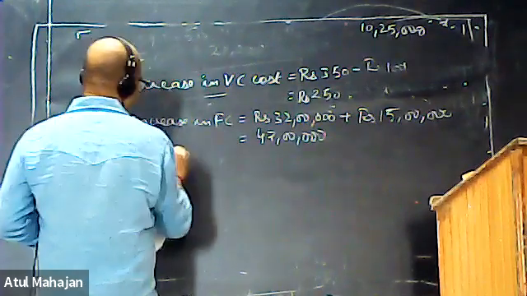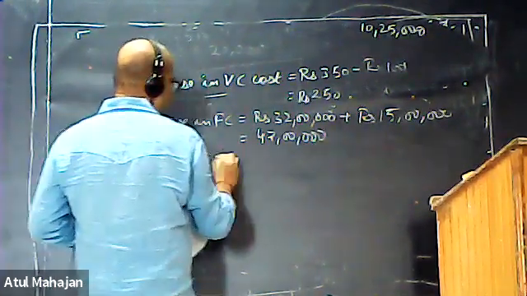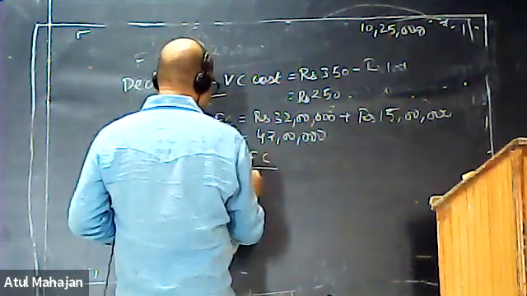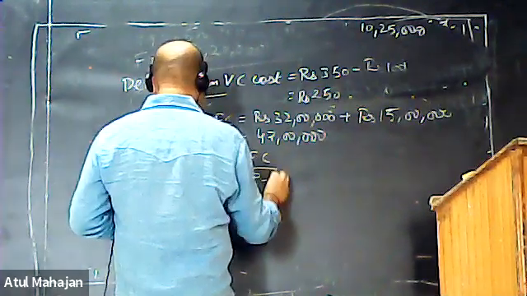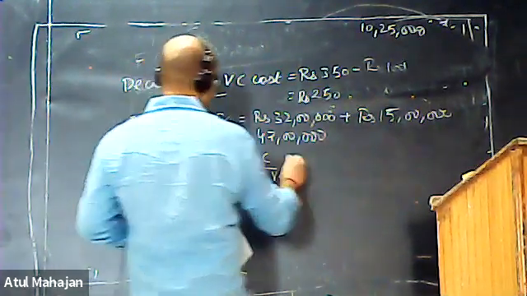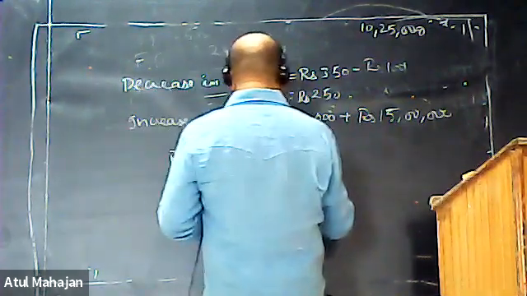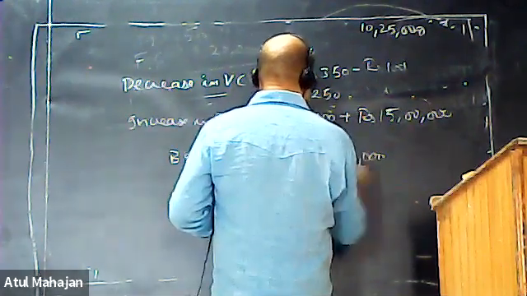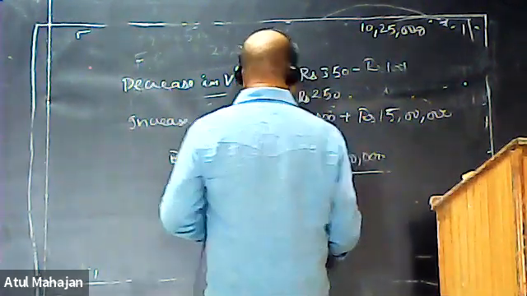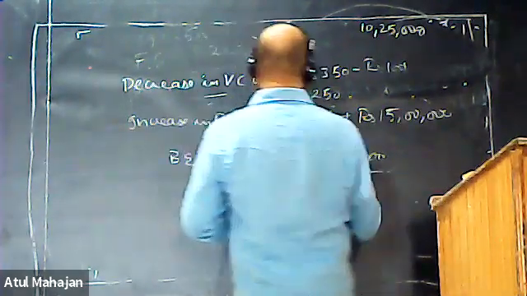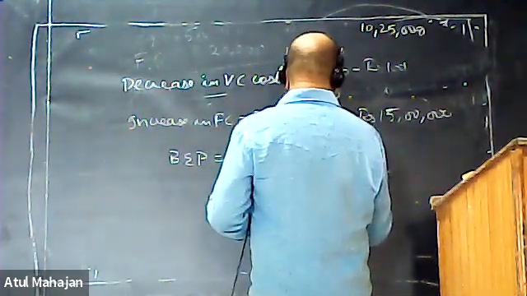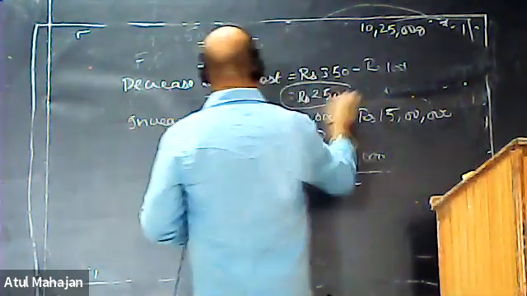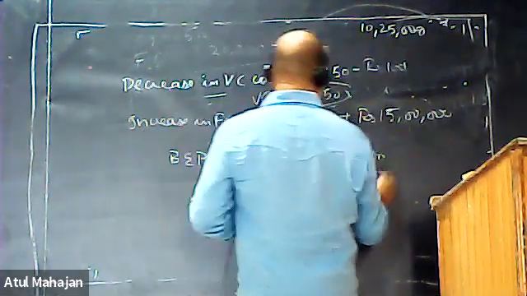Now we need to calculate the break-even point. Break-even point is given by fixed cost upon selling price minus the variable cost. Fixed cost is equal to 47 lakhs, upon the selling price of rupees 750 minus the variable cost, which is 250.